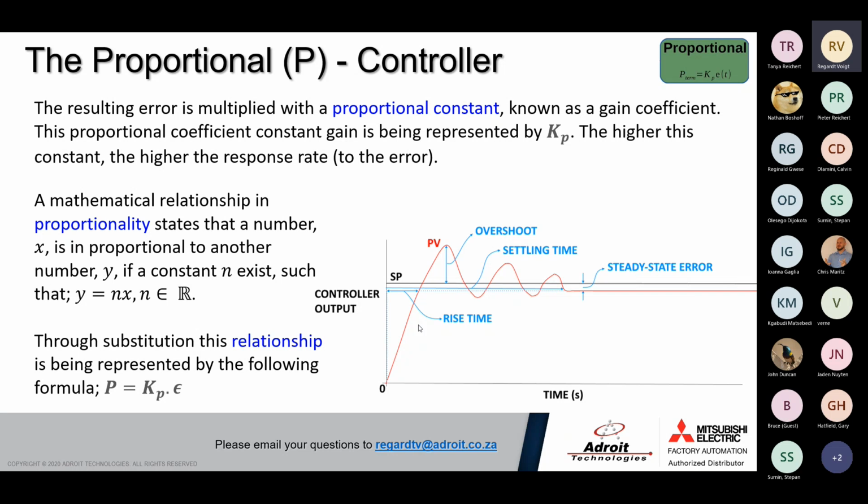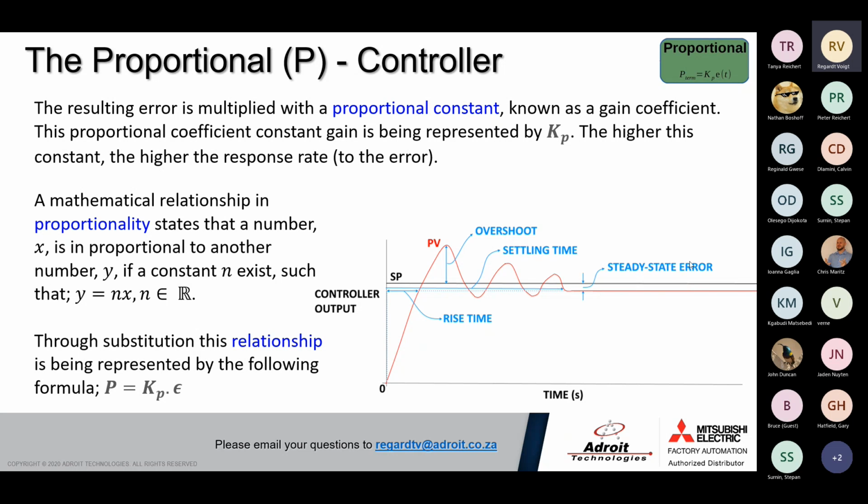If you look at the graph here, this will be a typical case where your P is too aggressive. Your P gain is too high. Your KP value is too high. So what happens is it will overshoot. It will realize that it's overshooting, and then when the error goes high again, it will try to mitigate that error and will undershoot again, overshoot, undershoot, until it reaches a steady state.